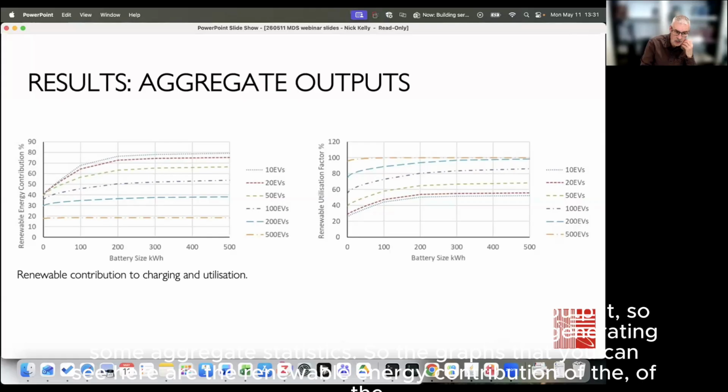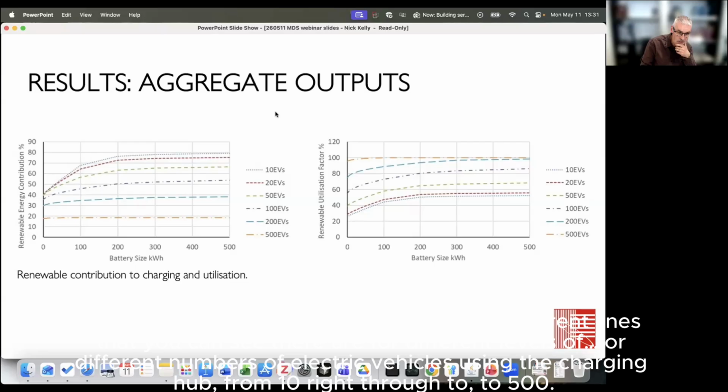So the graphs that you can see here are the renewable energy contribution of the PV array on the rooftop. The different lines that you can see there are for different numbers of electric vehicles using the charging hub, from 10 right through to 500.